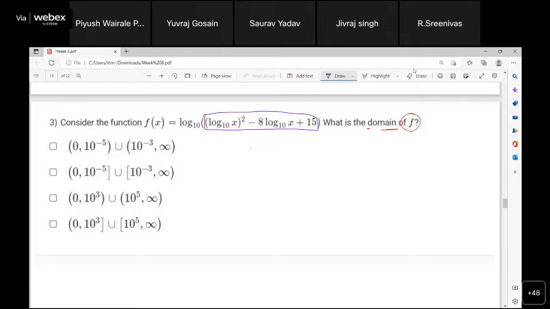So the value of this particular function should be greater than 0, right? Yes, sir. So now just take that.